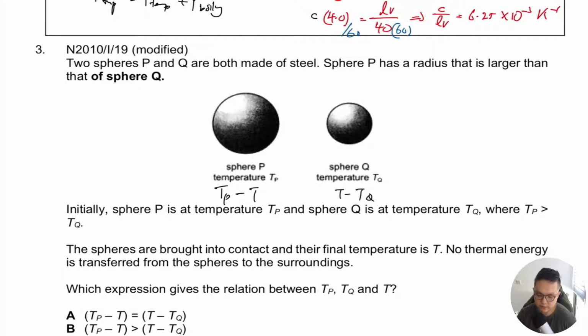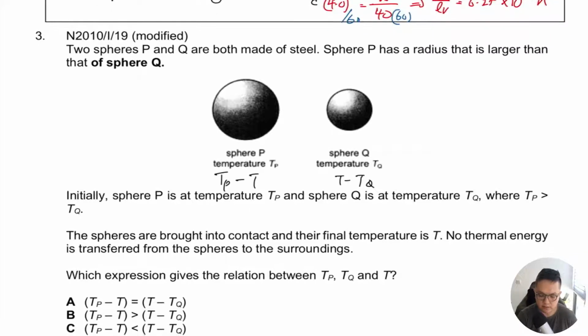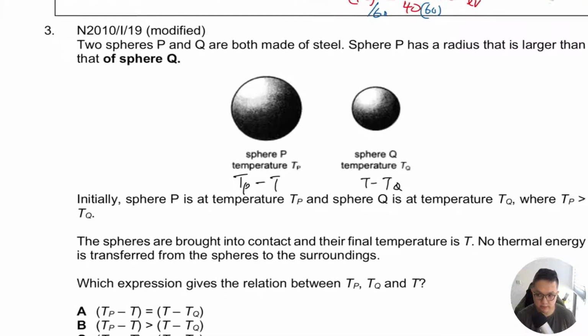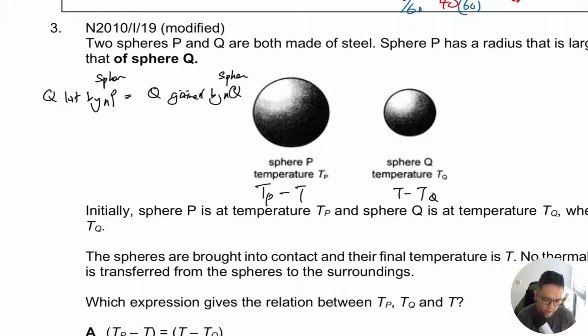Let's just solve it here on the spot. I think we have more space here. So let's write this out. Since there's no heat loss to surroundings, that makes our life a little bit easier. We know that the Q lost by P is equal to the Q gained by Q. There are two Qs, so I should put sphere Q and sphere P to avoid confusion.